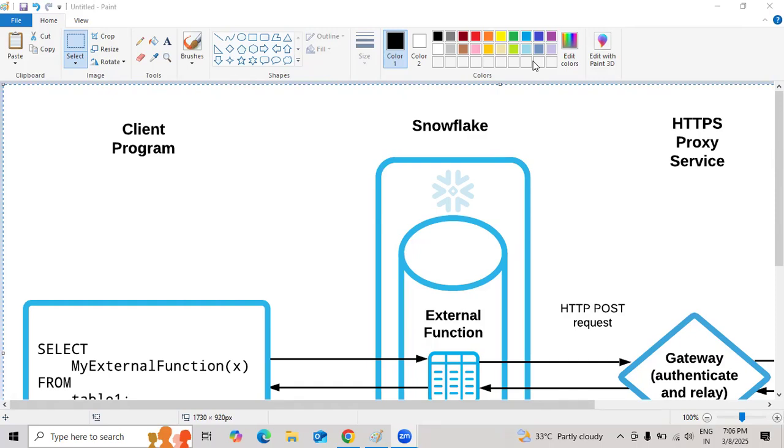In this process, there are different key components we need to know about.